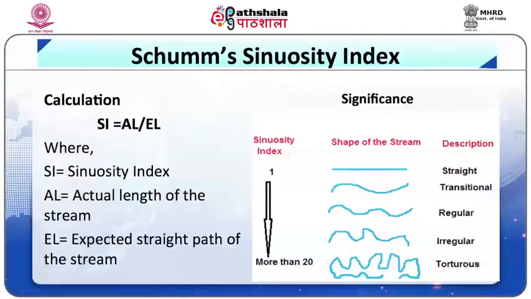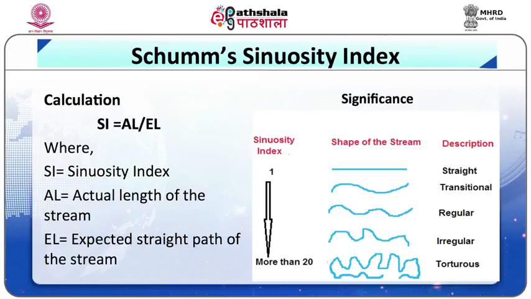The American earth scientist S.S. Combe has developed a method which is simple and widely used. According to him, sinuosity index is calculated by dividing actual length of a stream by length of expected straight path of the stream. On the basis of the values, Combe categorized 5 courses of river.